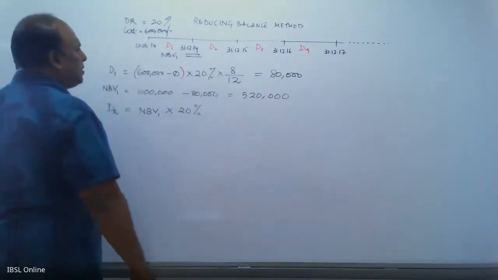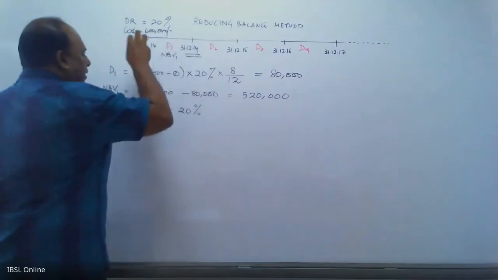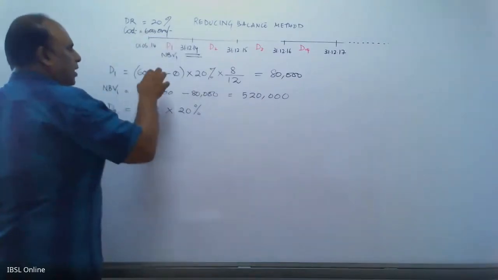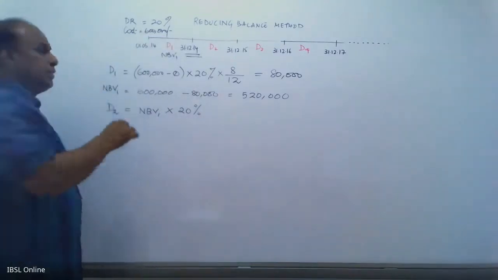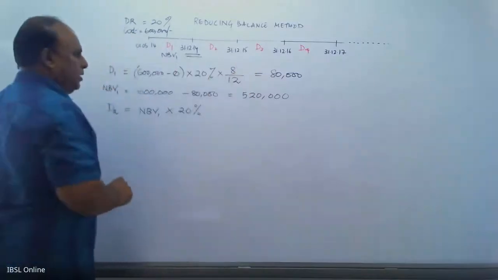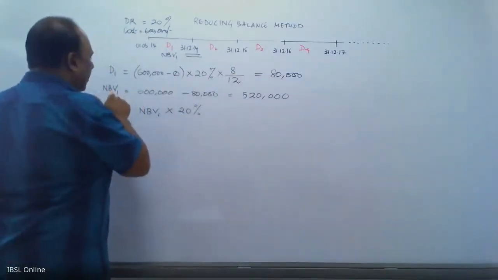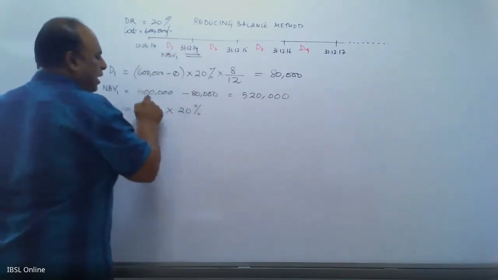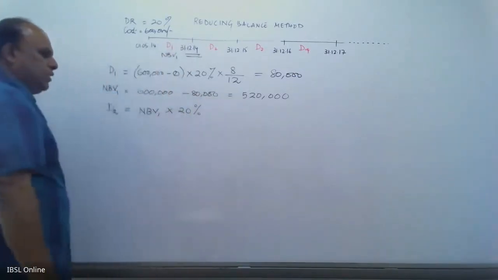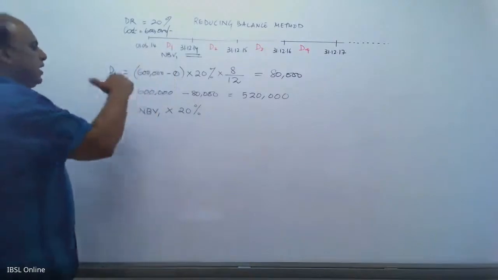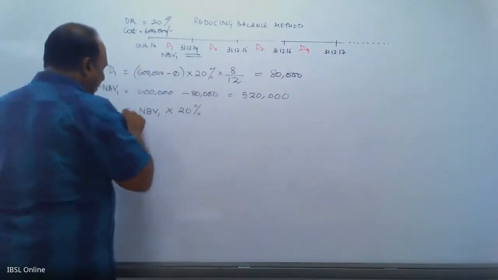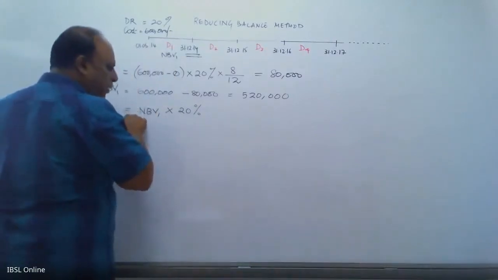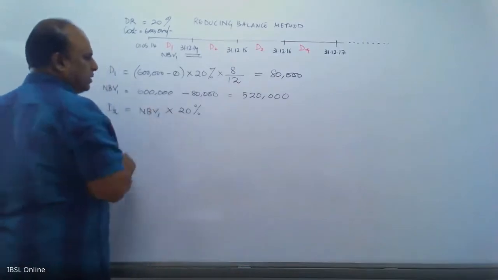So what happens here? You take the D1 and you calculate it. So you have a number. Then immediately after that, you have to calculate the net book value soon after the financial year. That will be 520. Then when you go to the next financial year, it will be starting with NBV1 into 20%.